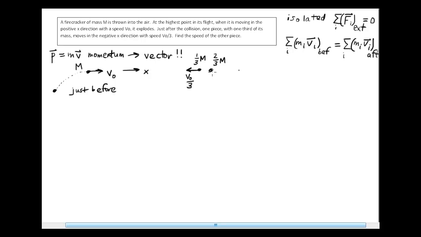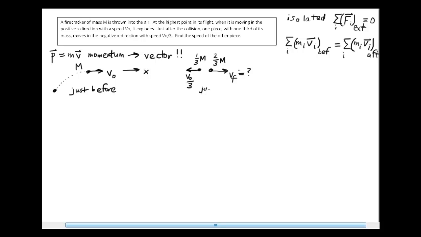So the only way that this 2/3 m fragment can travel is to the right. It can't travel upwards or downwards or have any upward or downward component, because if it did, there would be some y component to the momentum after the explosion that would not be present before the explosion. So just by qualitatively looking at the situation, this v final, which is what we're trying to find, we know it has to be horizontal and it has to be to the right. So hopefully that makes sense.